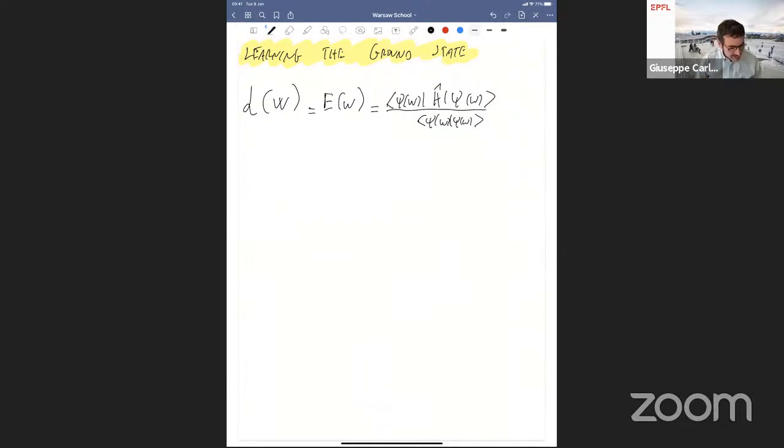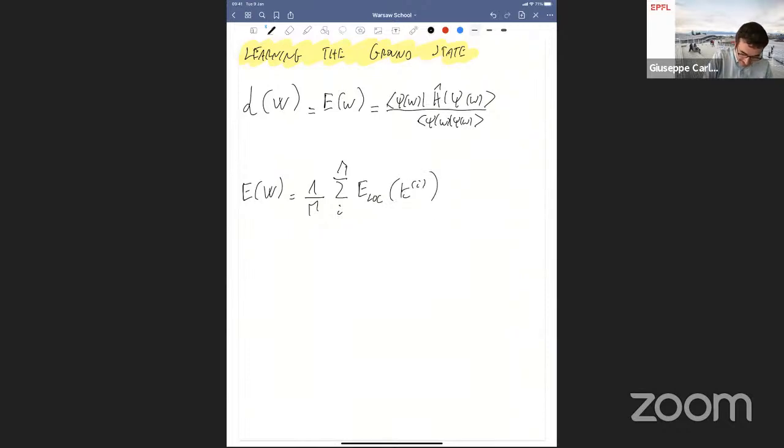Now, as I was mentioning at length yesterday, we can approximate this E of W as 1 over M times the sum over i to M of the so-called local energy. The local energy is just this local estimator, but for the Hamiltonian.